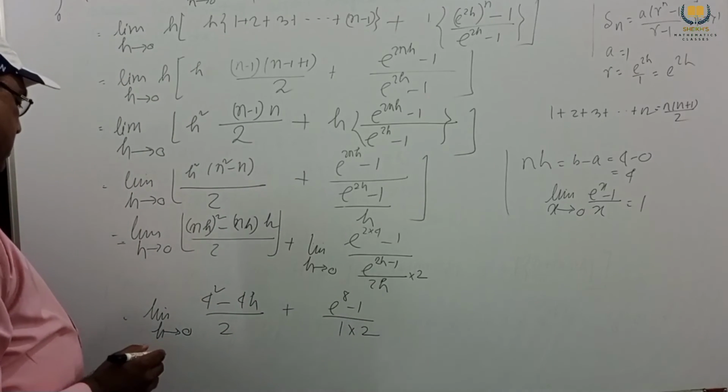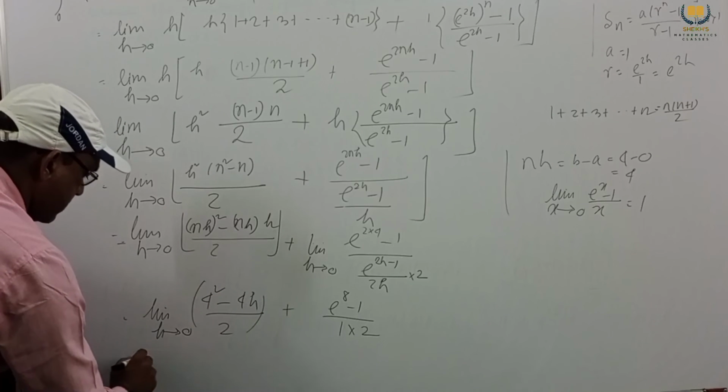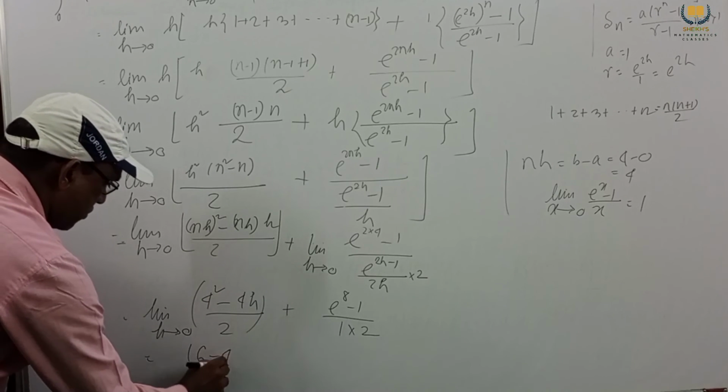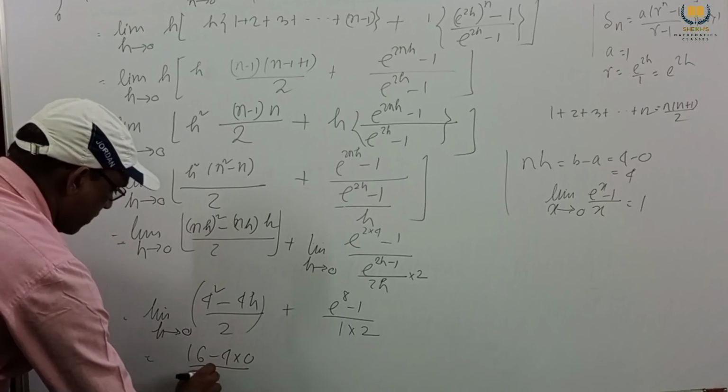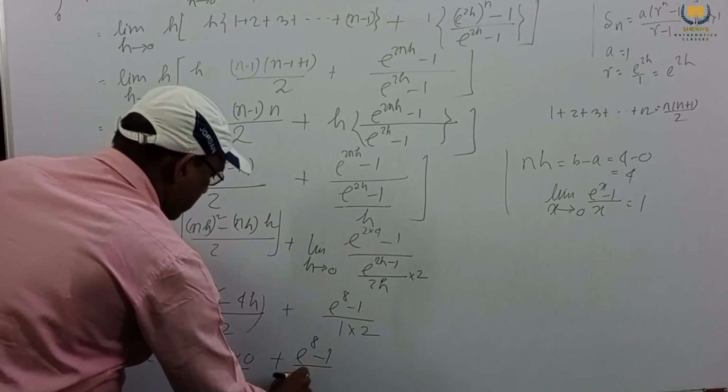Putting the limit here, this is (16 minus 4 into 0) by 2, and this is (e to the power 8 minus 1) by 2.